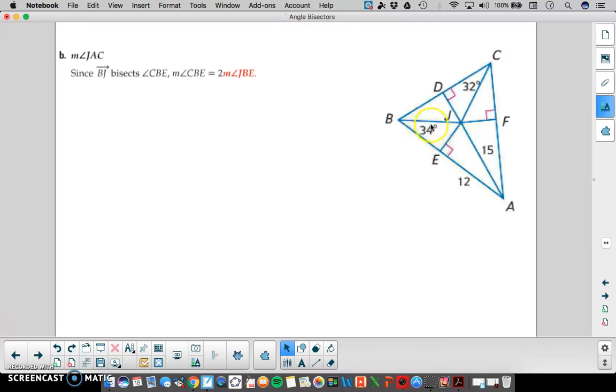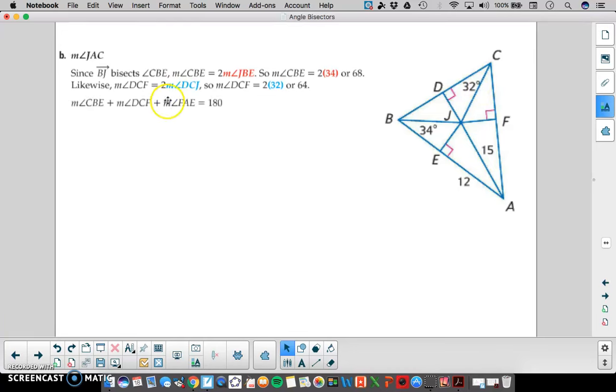So we know that this is 34 here. So 2 times 34 gives us 68 for CBE. We also know that DCF is going to be 2 of these 32-degree angles because JC also bisects angle DCF. So 2 times 32 gives us 64.